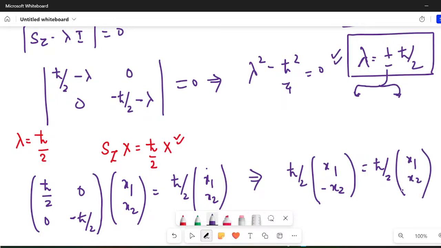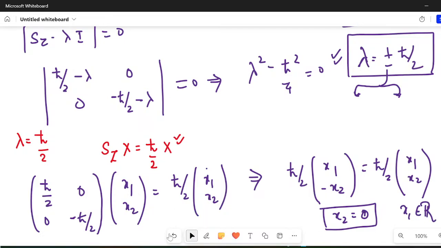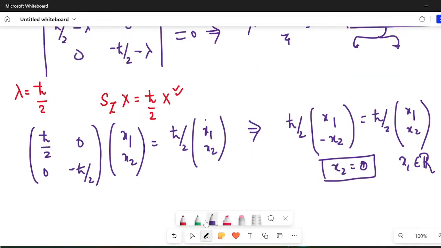I hope it is clear. That implies x2 must be equal to 0, and x1 can be any real number. So why not take x1 simply as r? Corresponding to this eigenvalue h cut by 2, the eigenvector would be 1 and 0.